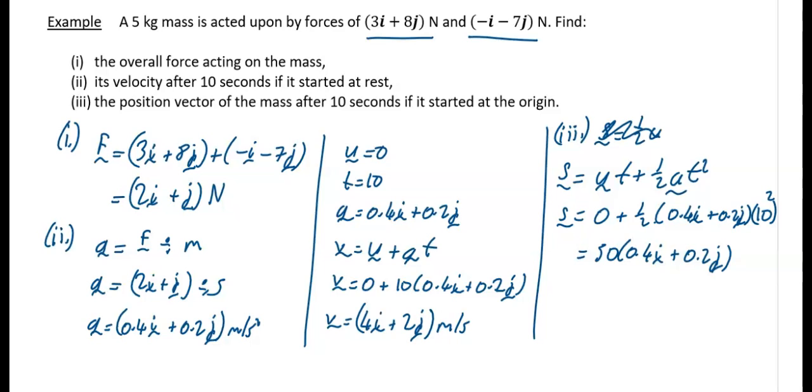I would just check that with my calculator, especially in the exam. That's going to be 20I, and then 50 times your 0.2, so that is going to be 20I plus 10J meters.